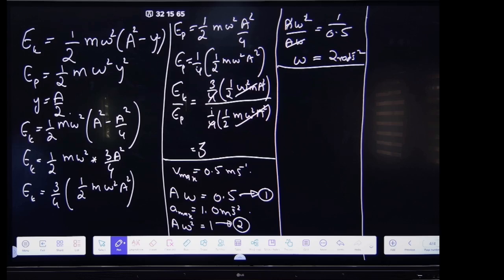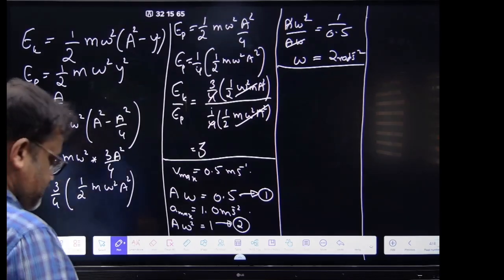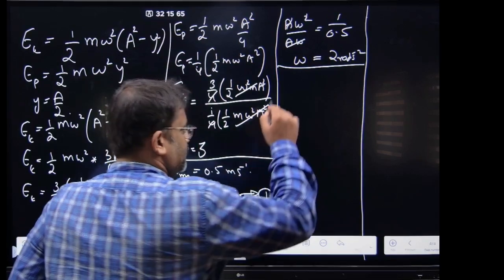Two simple pendulums A and B are made to oscillate simultaneously, and it is found that A completes 10 oscillations in 20 seconds and B completes 8 oscillations in 10 seconds. The ratio of the lengths of A and B is option 1: 5 by 4, option 2: 8 by 5, option 3: 25 by 64, option 4: 64 by 25.